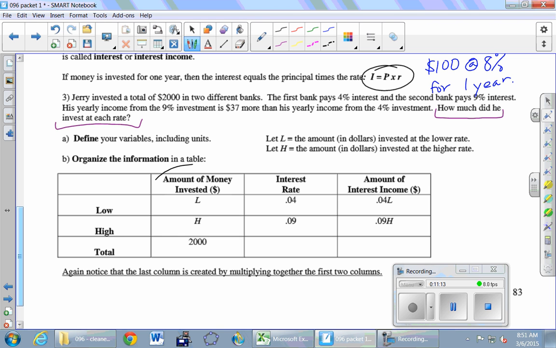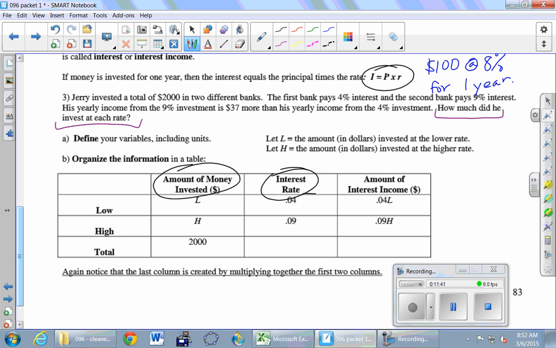Well, the amount you invest is that column, and the interest rate is that column. So if we multiply them together, we're going to find the amount that you actually get in interest, right? The dollar amount. And so multiplying 0.04 times L tells you how much money you gained from that investment. Good? And the same kind of thing, 0.09 times H gives you the amount of interest income from the high rate investment.